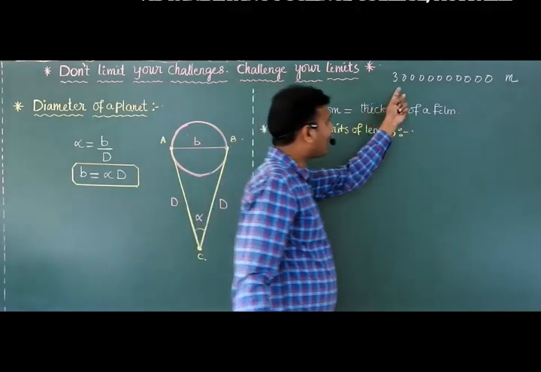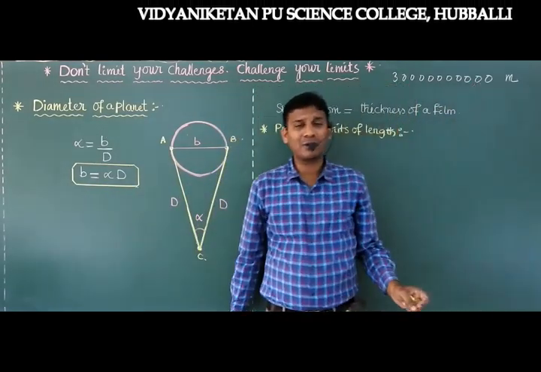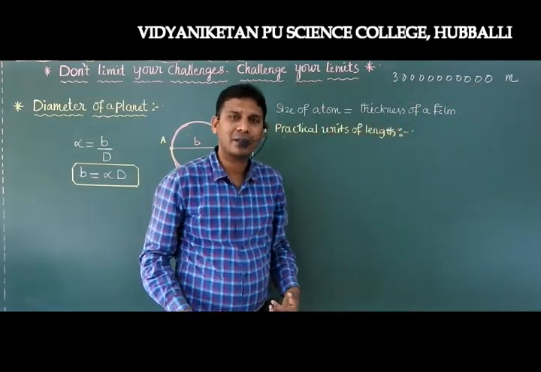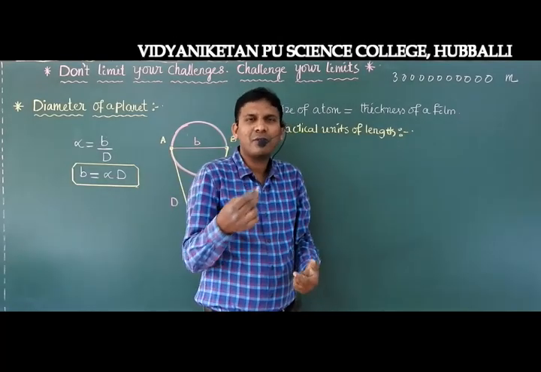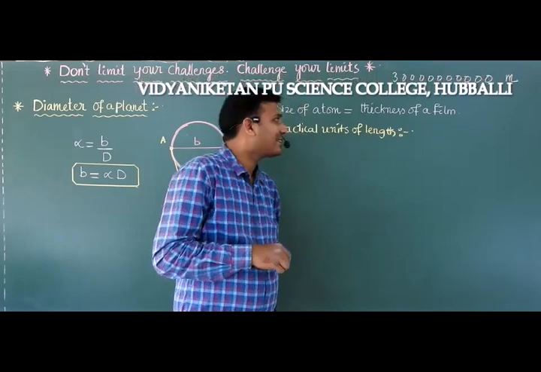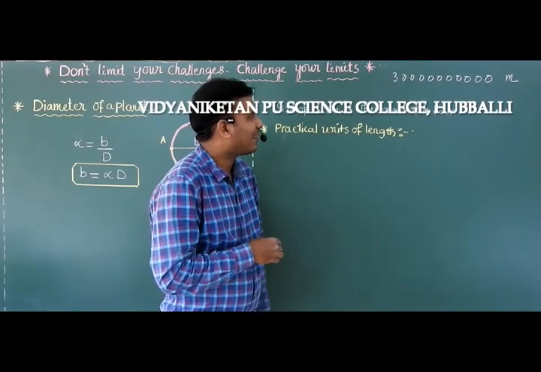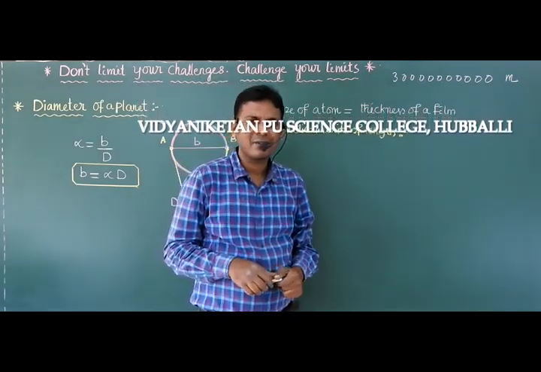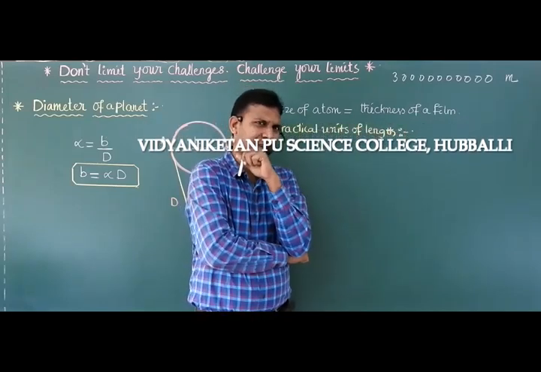Every time, if you want to write these many zeros in physics, it is too complicated. It's a waste of your energy and your pen ink also. So that's why, under that situation, we are not using meters.